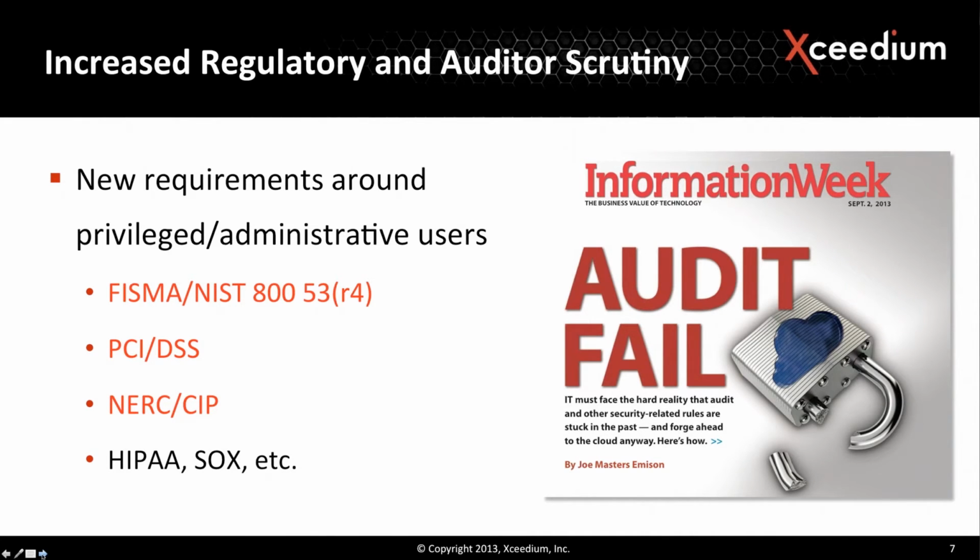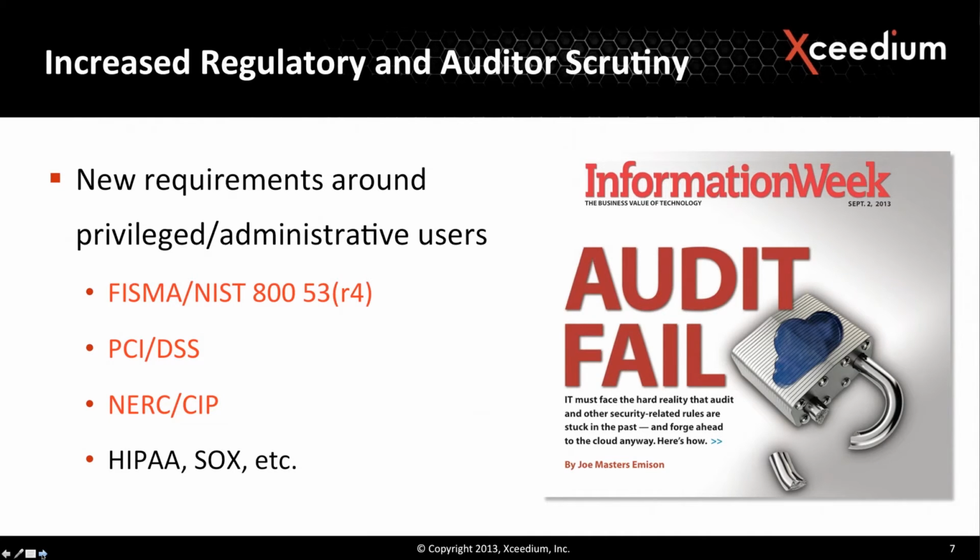But even for those that have not been changed or amended recently, the auditors are still looking to see that you have this particular risk locked down. So even if there isn't a specific mandate for it, the auditors have really gotten savvy to the true risk, what the threat looks like and what the vulnerabilities are, and are requiring organizations to put things in place.